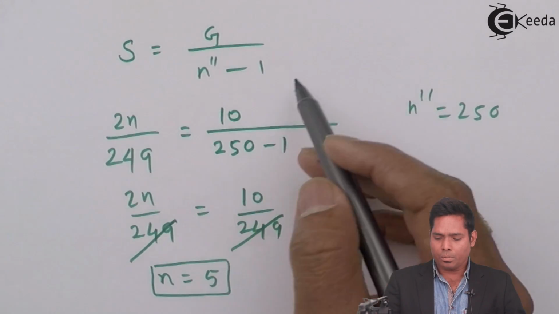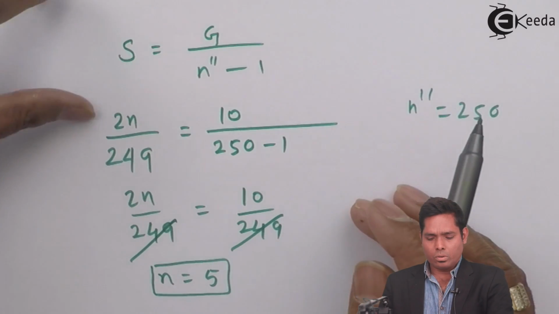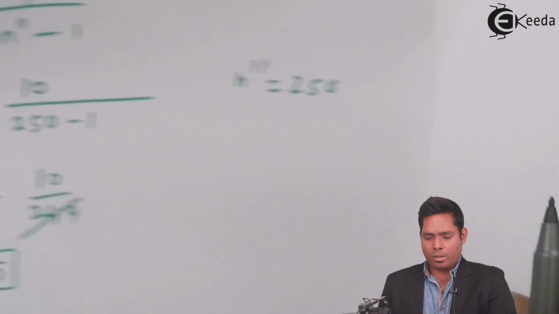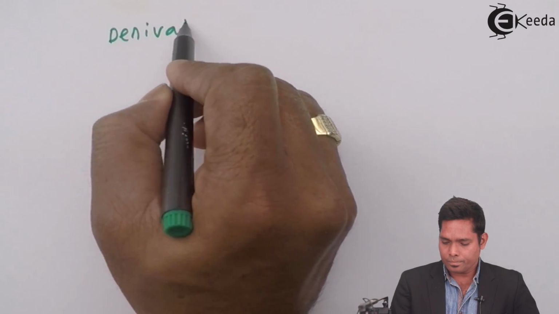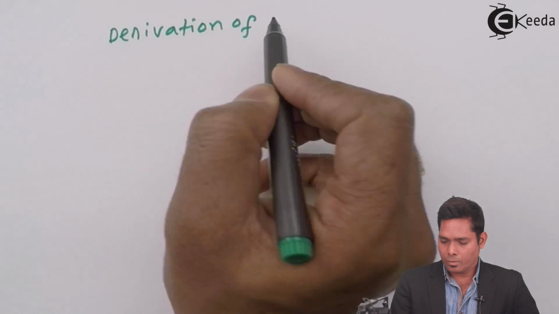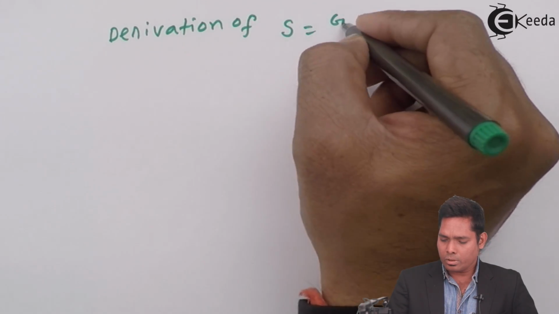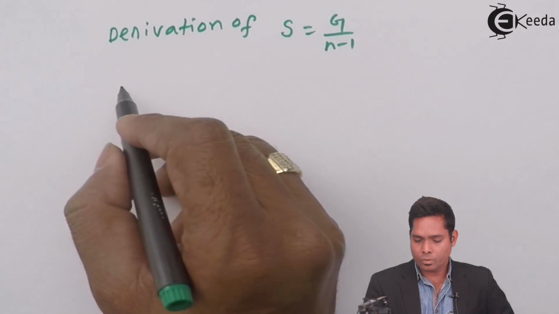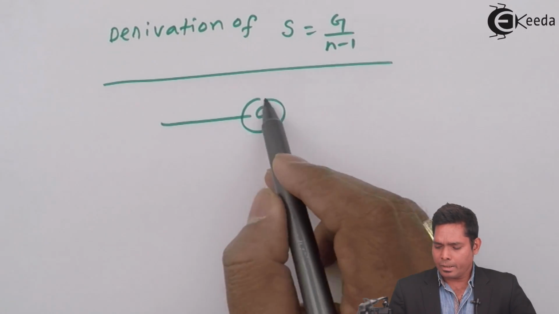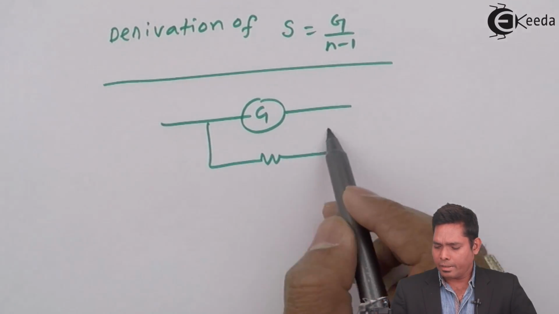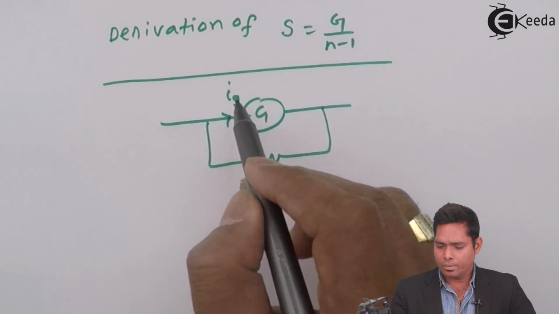Where did you get this formula? So I will just derive the formula for you. Let us derive how you got this formula. Derivation of S. When there is a galvanometer and a shunt is connected, the maximum current that can pass through the galvanometer is Ig.